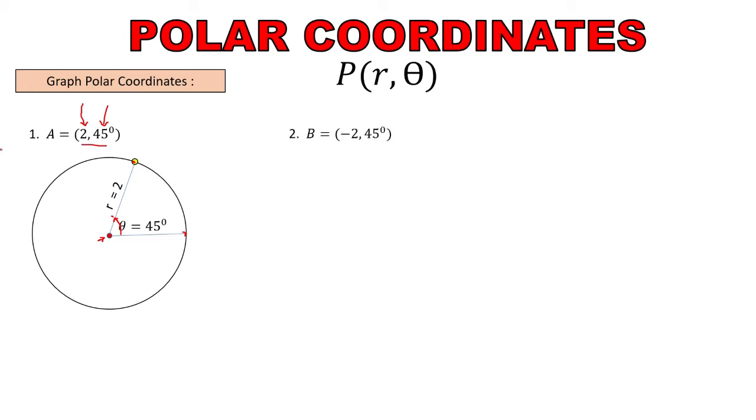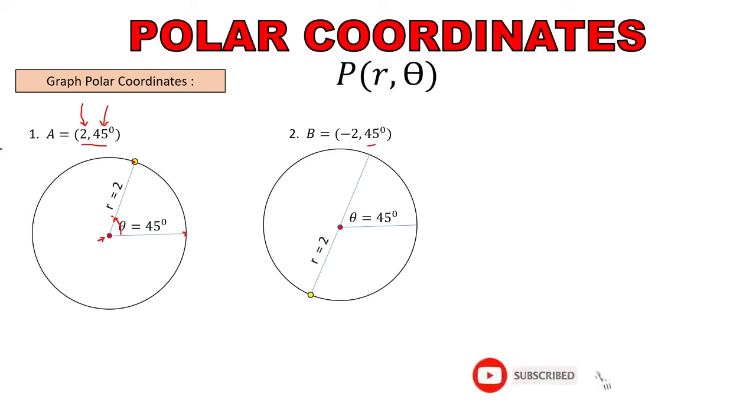Now, another example. The radius now is negative 2. The angle is the same, 45 degrees. This is 2, similar to the previous problem. But now, because r is negative, you move not on this side, but on the opposite side.